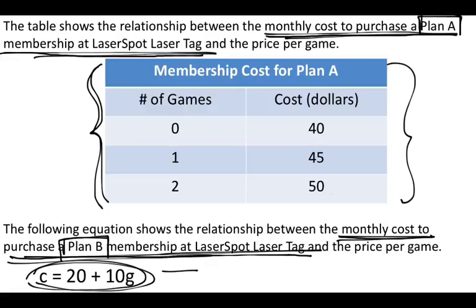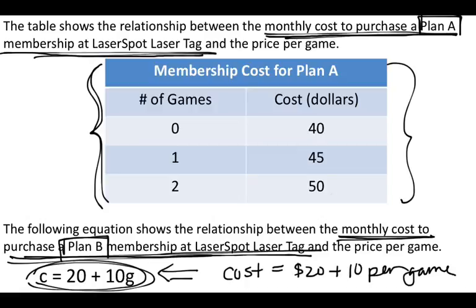Side note, my equation right here is saying the cost equals $20 plus $10 per game. C is the cost, G is the price per game. So definitely add that to your page.